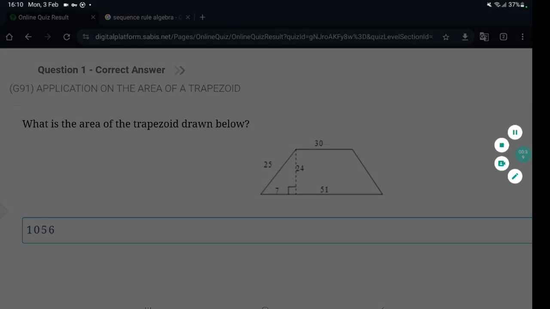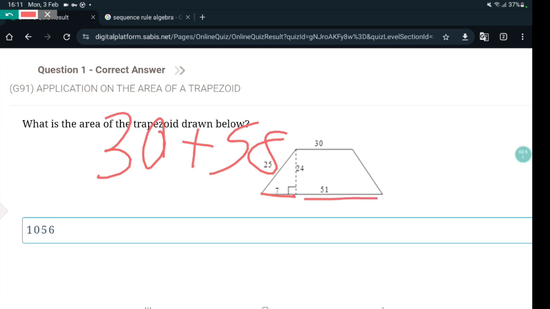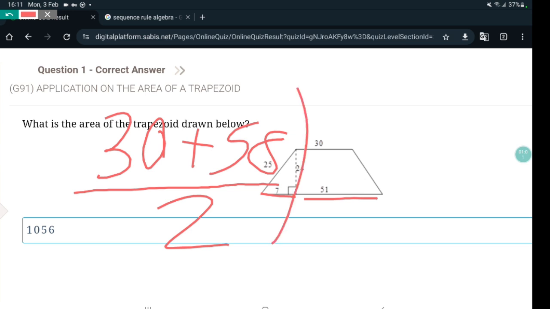So if we apply this rule, we have 30 plus 58, because don't forget this plus this is going to be the bottom, the larger base, over 2. All of that multiplied by the height, which is 24.